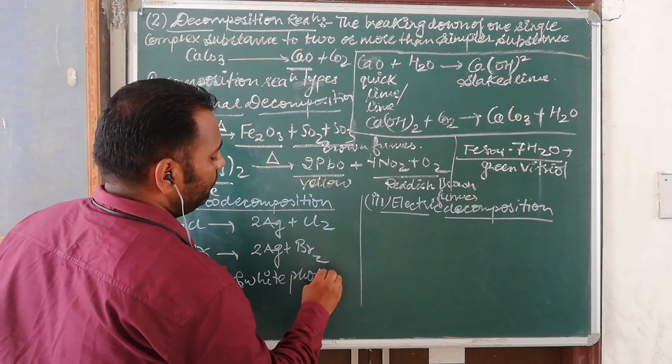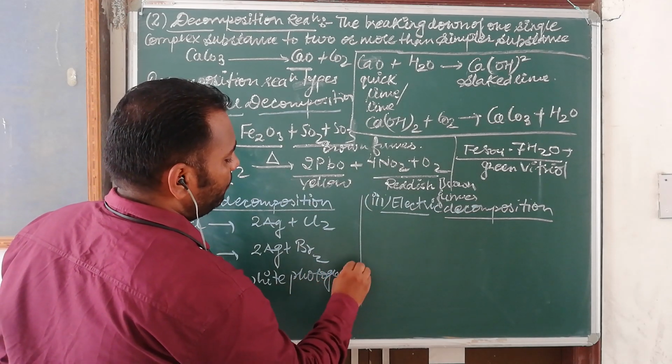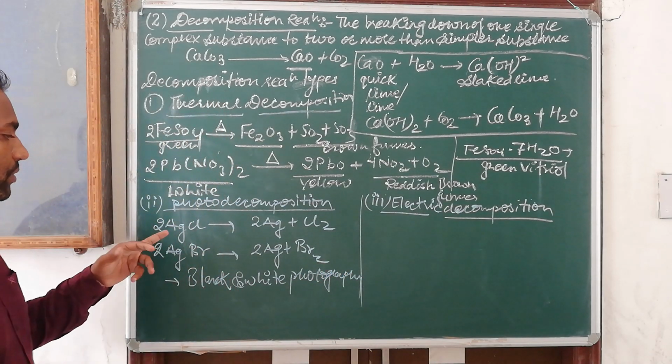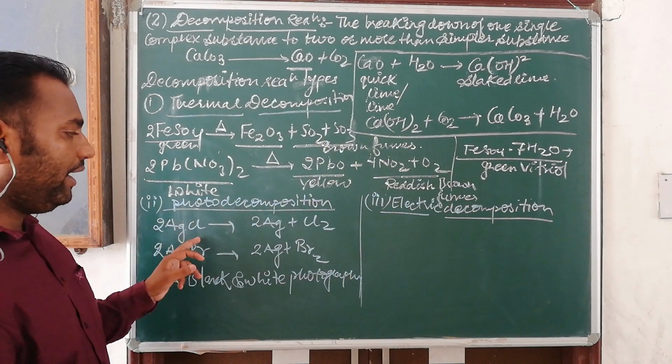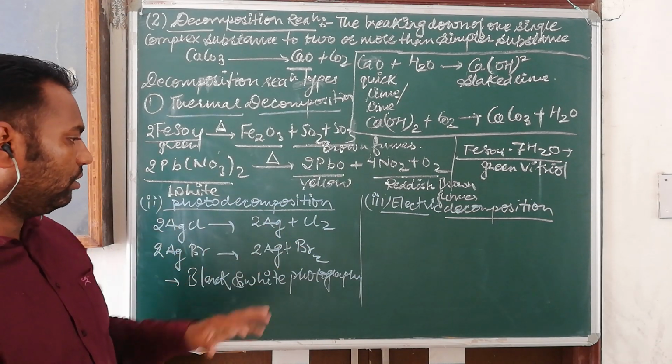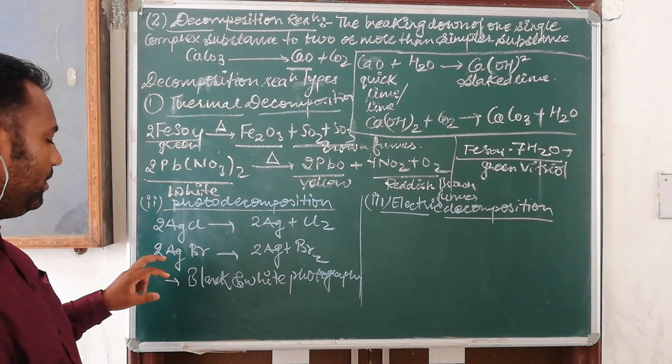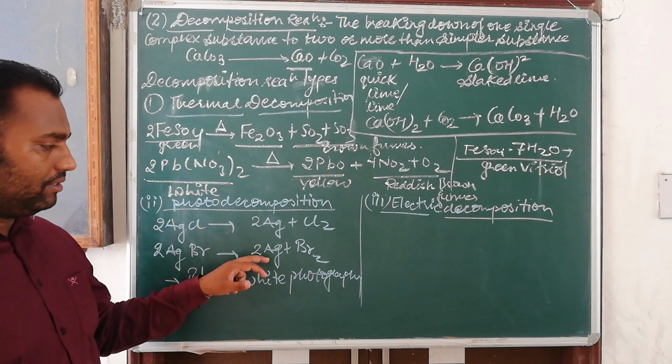So silver chloride decomposes into silver and chlorine, and silver bromide also decomposes into silver and bromine.